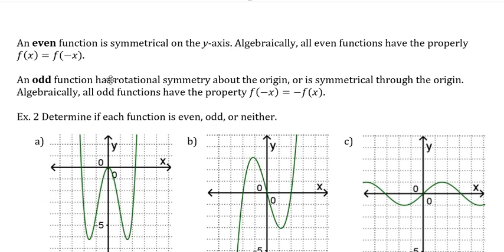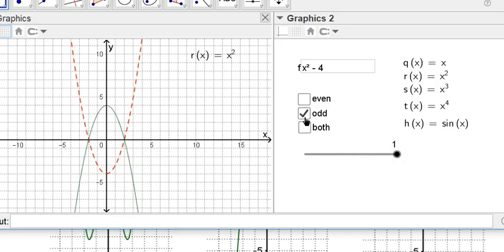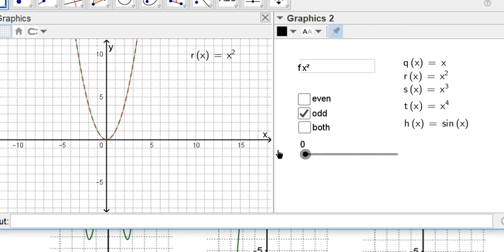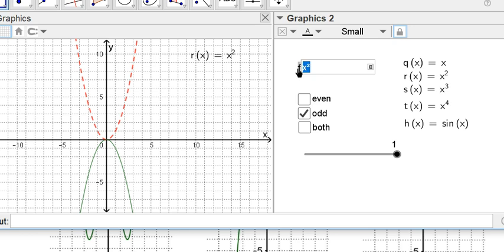Odd function, this is a little bit different, has rotational symmetry about the origin. So if I'm going to check odd, go back to the parabola because we're familiar with that. I rotate it about the origin. It doesn't map back onto itself. It's not odd. Okay. What about, what's that, S?